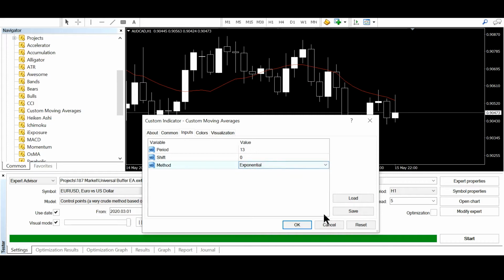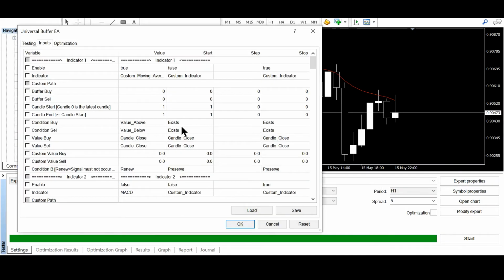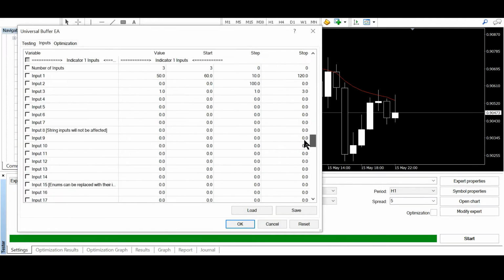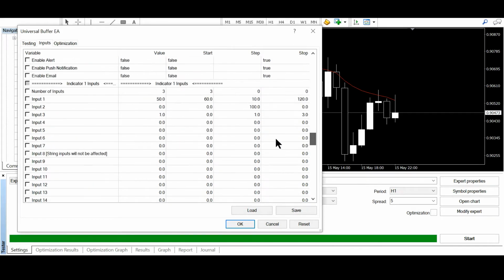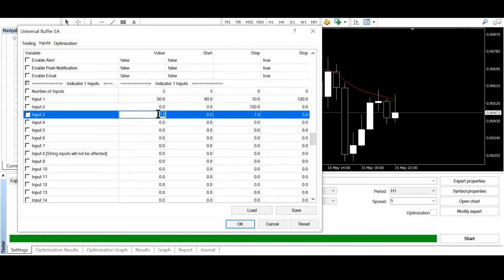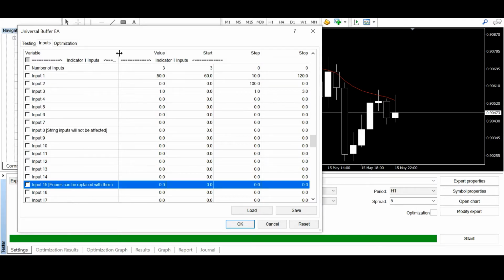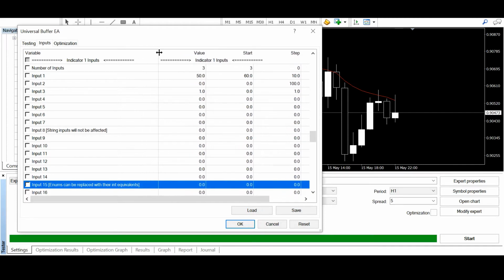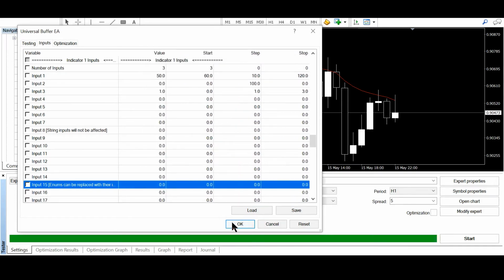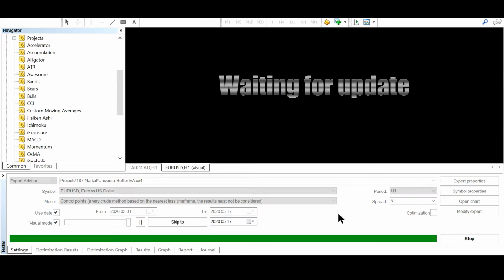And I want exponential moving average. So this is the reason why I type in here the number 1, because it's an enumeration. Enums can be replaced with their int equivalents. Press OK and let's start it.